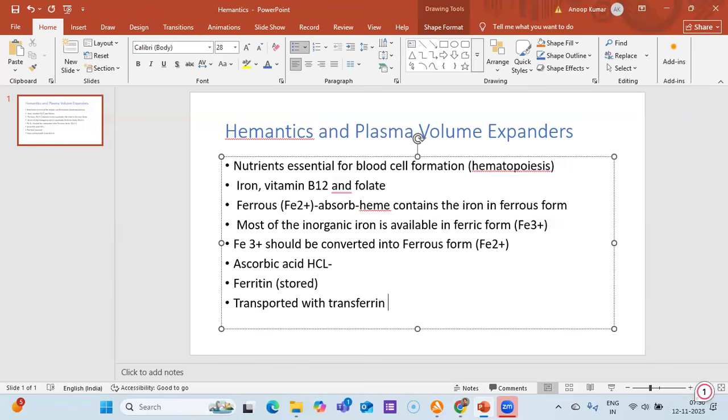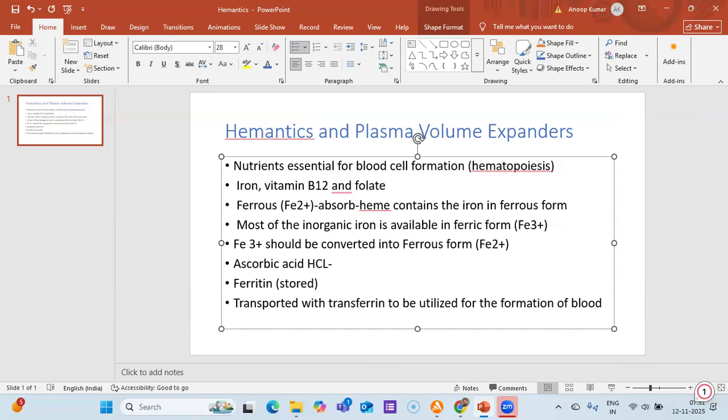And transferred with the transferrin to be utilized for the formation of blood. So that is what we call hematinics, right? And you all know if there is an iron deficiency, it could result in anemia.